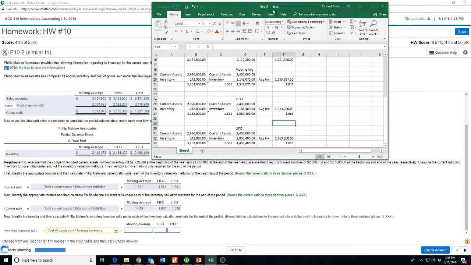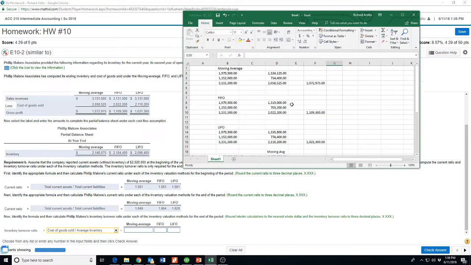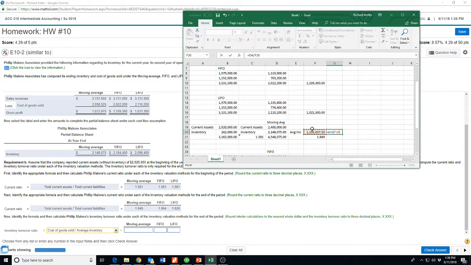Now we already had cost of goods sold for each one. It's up above, but we can also see it here, which I think is a little bit easier. So let's reference our cost of goods sold divided by our average inventory. It's probably going to want 3 decimal places.